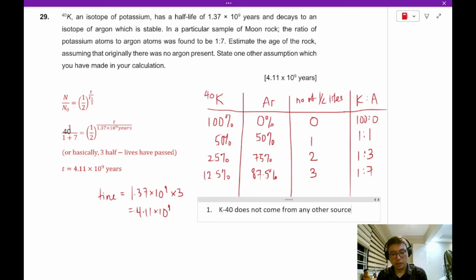Because if potassium 40 is continuously being generated by some cosmic event, then it won't be just decaying, it will be decayed and produced at the same time. So the calculations will all be confused. I guess that's one of the main assumptions that we're going to make.